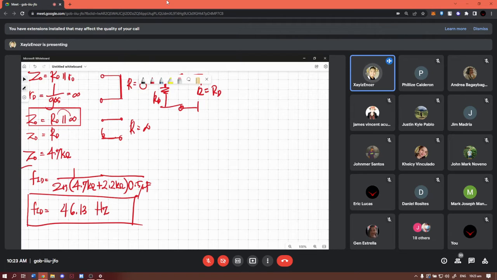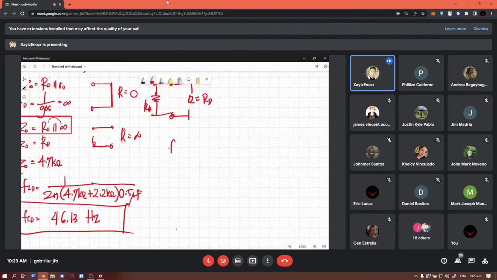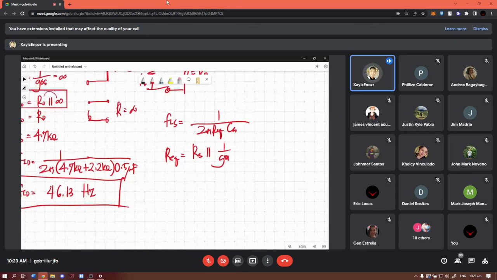Okay. So, ayan. Next tayo sa ating bypass capacitor. FLS is equal to 1 over 2 pi R equivalent CS, where yung ating R equivalent is equal to RS parallel with 1 over GM. So let's determine GM or transconductance.